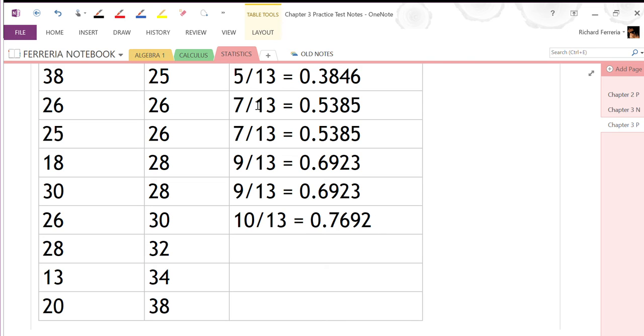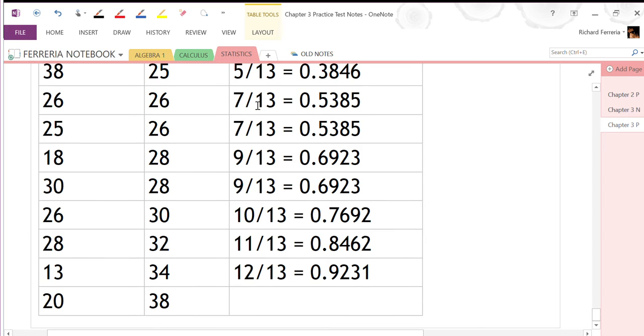How many toe angles are less than or equal to 32? 11, right? How many are less than or equal to 34? Almost all of them. And how many are less than or equal to 38? Well, that's all of them. 1. So that's how you get a percentile rank.